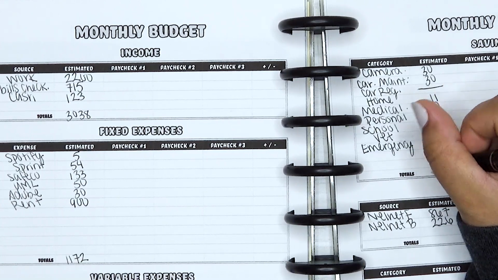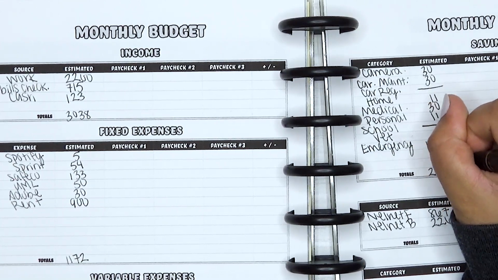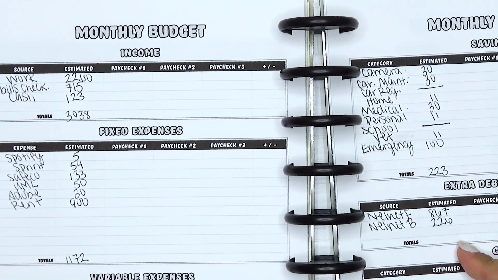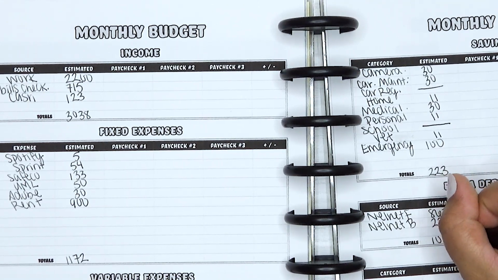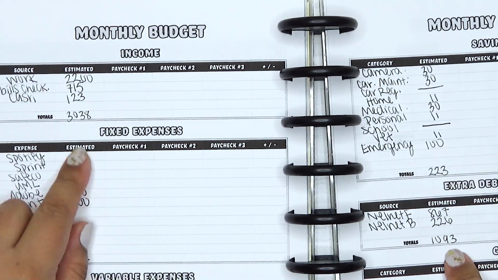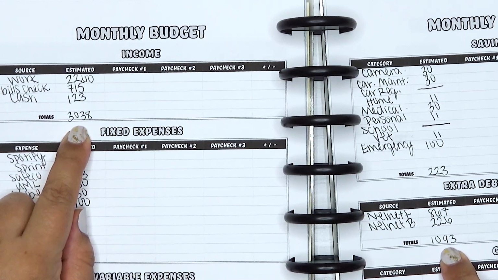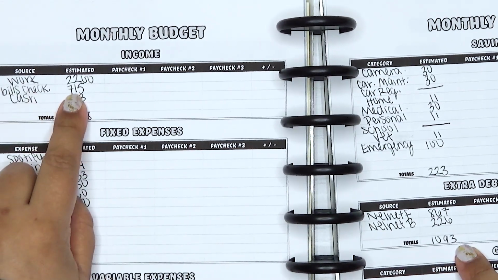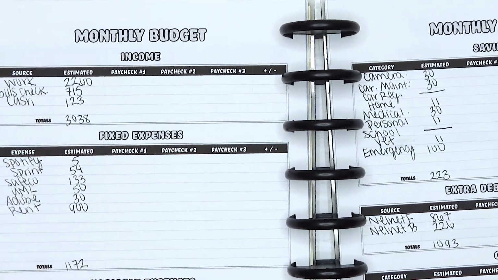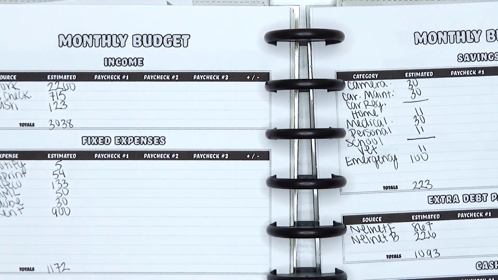So I have actually 223 here. And then I have 867 plus 226, which is 1093. So I am planning to put a little over a third of this income towards the debt, which is why I am taking in that bills checking and that half of the third paycheck.